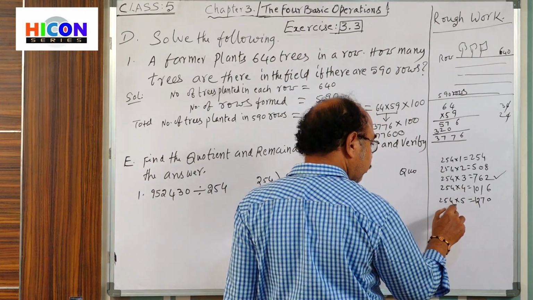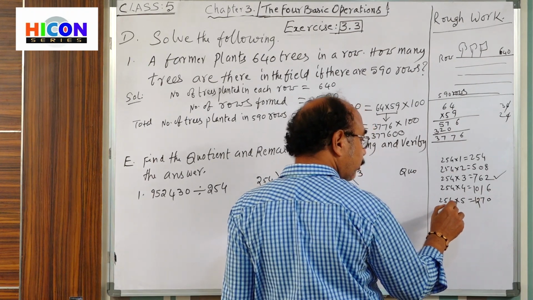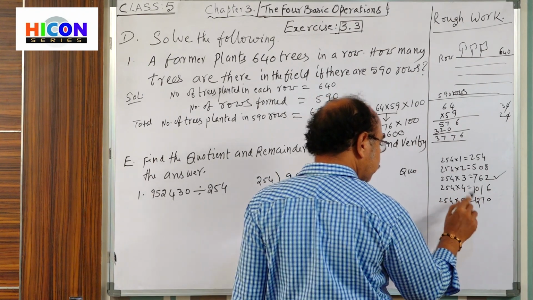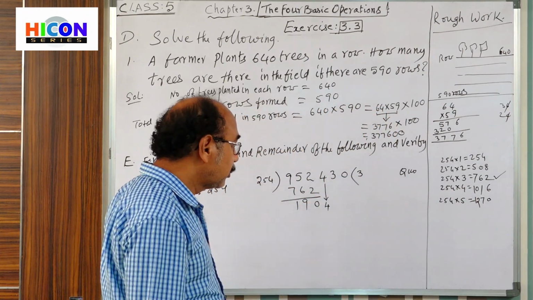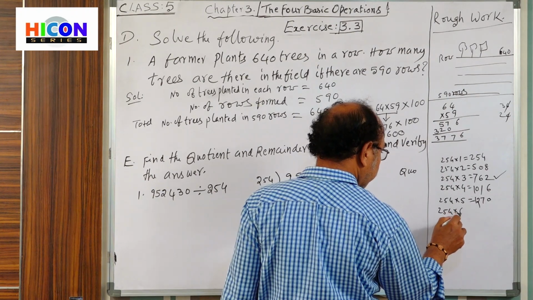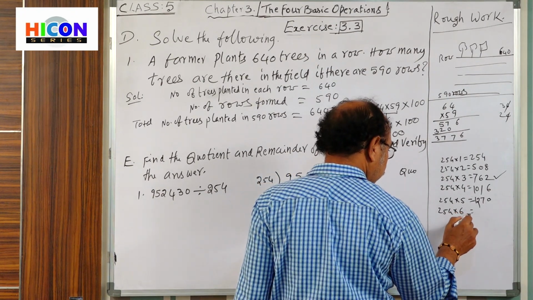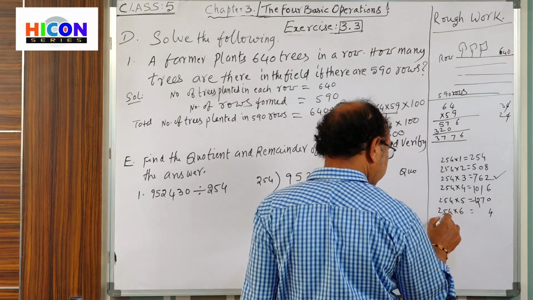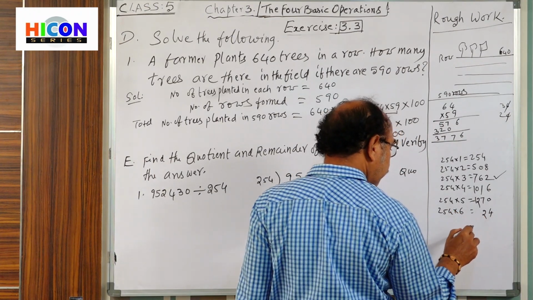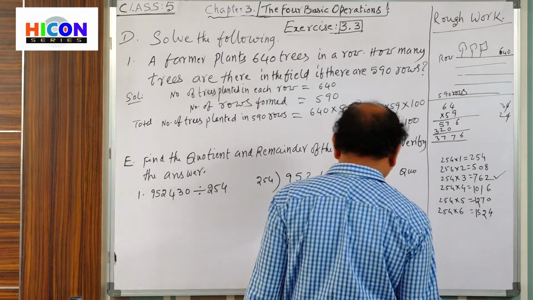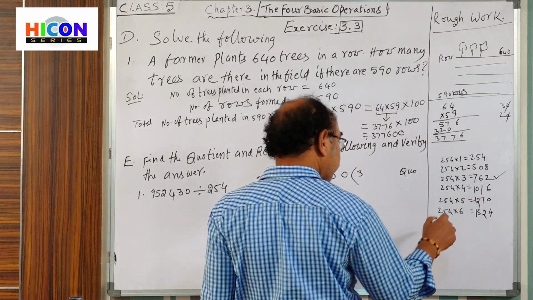So 1270. Extend it. 254 into 6: 6 fours are 24, 4 carry 2. 6 fives are 30 plus 2, 32, 2 carry 3. 6 twos are 12 plus 3, 15. So 1524. Extend it.